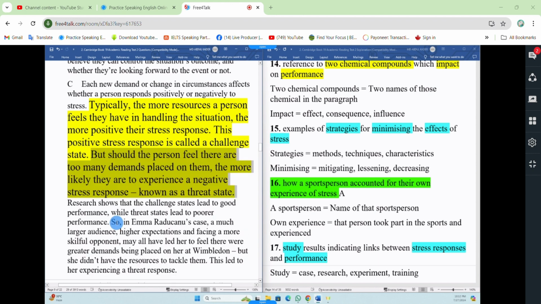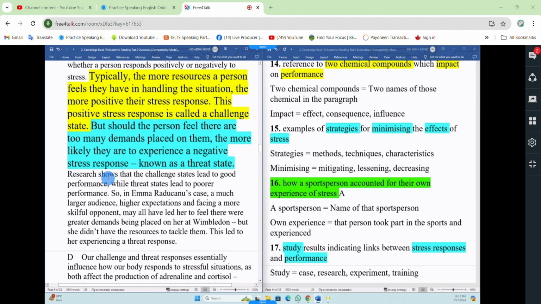So from this line, we've got two states. The first one is the challenge state and the second one is the threat state. Now how many states are there? The first one is positive stress response, called challenge state, and the second one is negative stress response, called threat state. Okay, that's good.